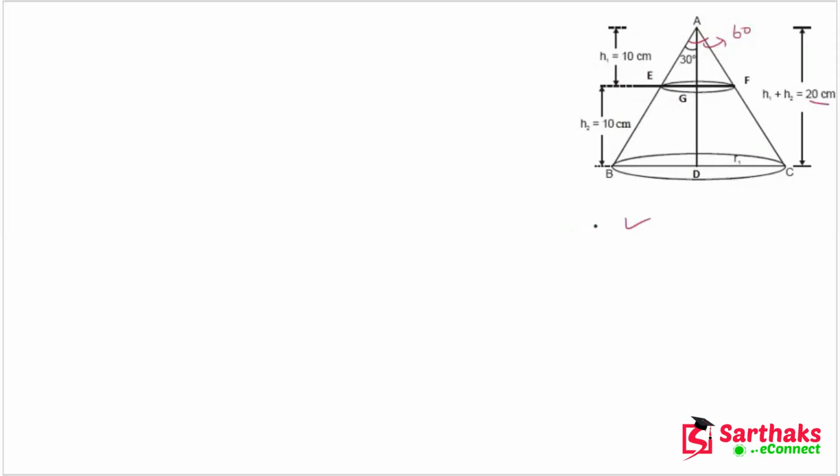So my dear friends, we know that this is the case of conversion of solid from one shape to another shape. In this, we have to convert this frustum into the wire and find the length of the wire. We know that volume of the frustum is equal to volume of the wire because the volume doesn't change.